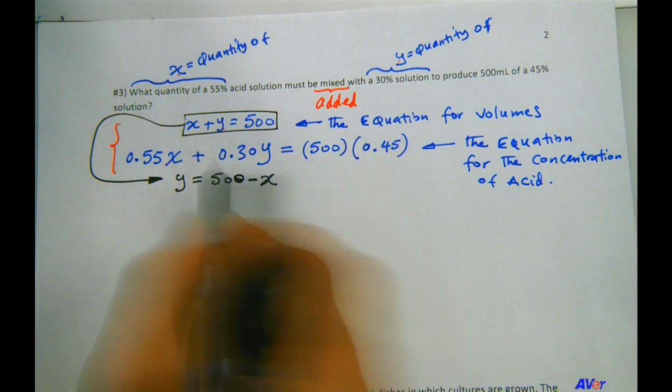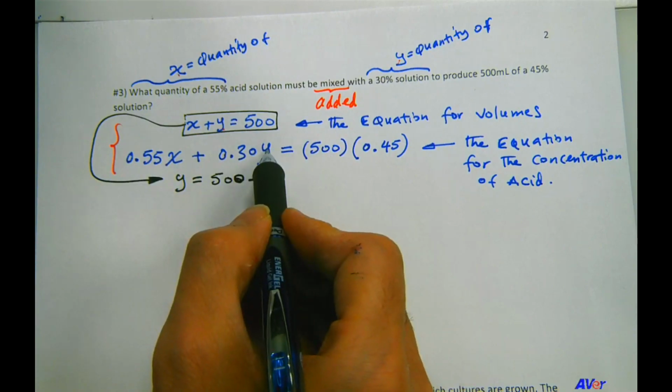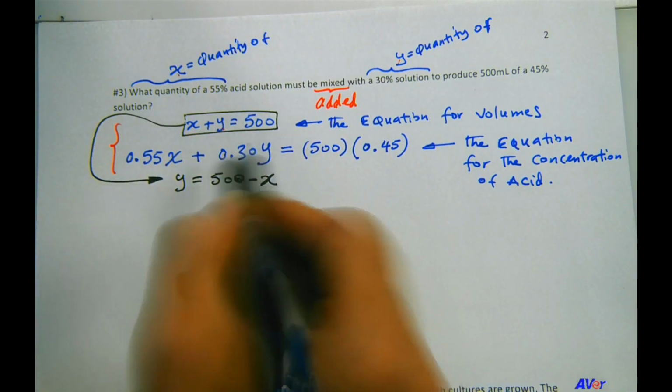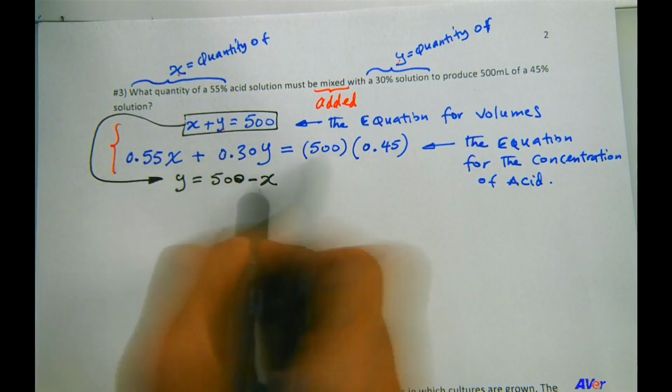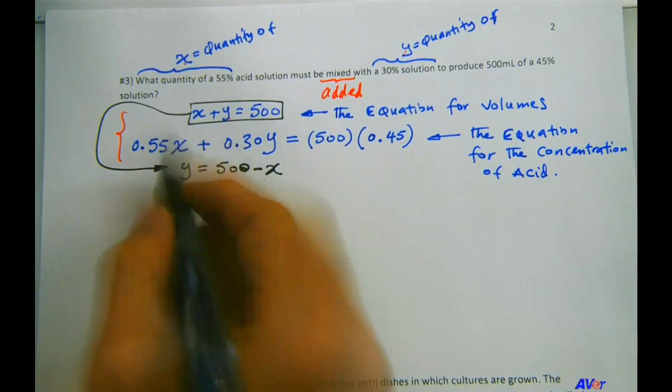So now in this middle equation, replace Y with 500 minus x. And you end up with just one equation, one unknown x, and we can solve for it. Okay, so let's do that.